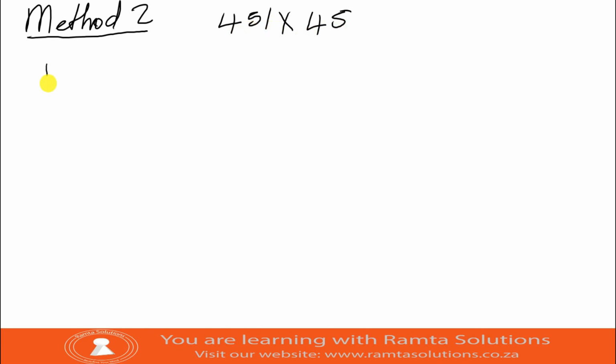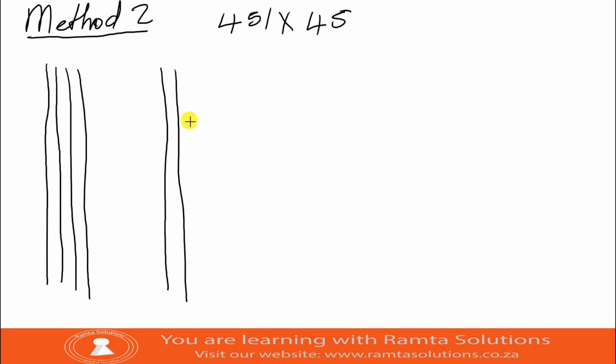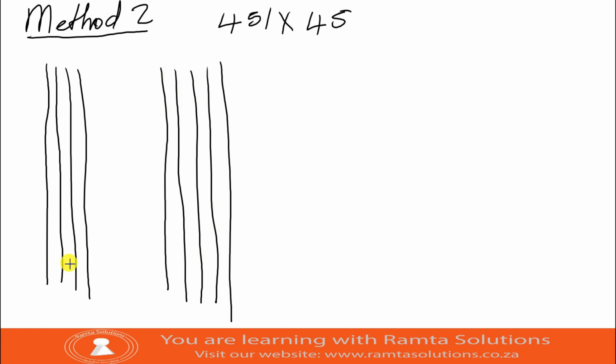So this is 451. We will say 4, so we write 4 strokes going down. Leave a space, 5 strokes: 1, 2, 3, 4, 5. Let me take them down a bit. And then we have 1, it's going to be here.